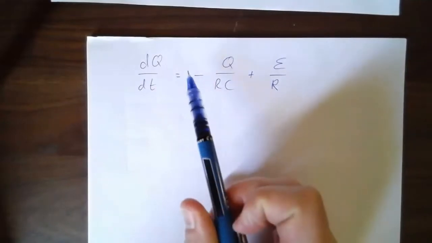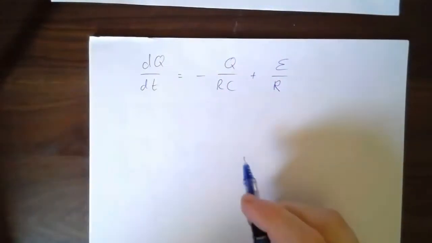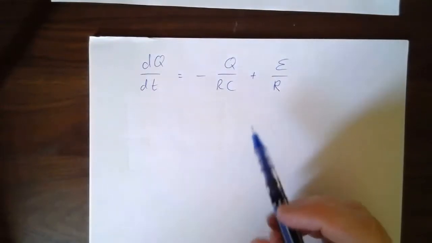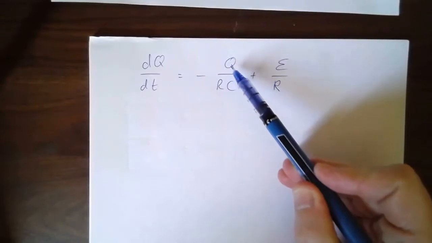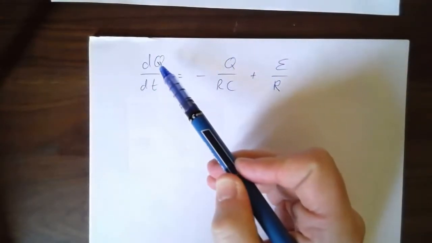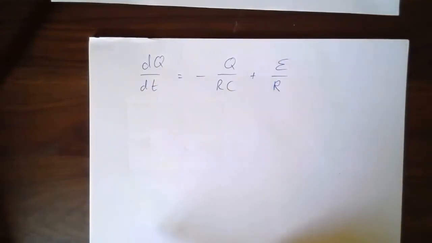So we also know that initially Q equals 0. That's what we're going to call our initial condition. Initially the rate of change of charge in the capacitor is just the voltage over the resistance. That makes sense, that's consistent with what we know.